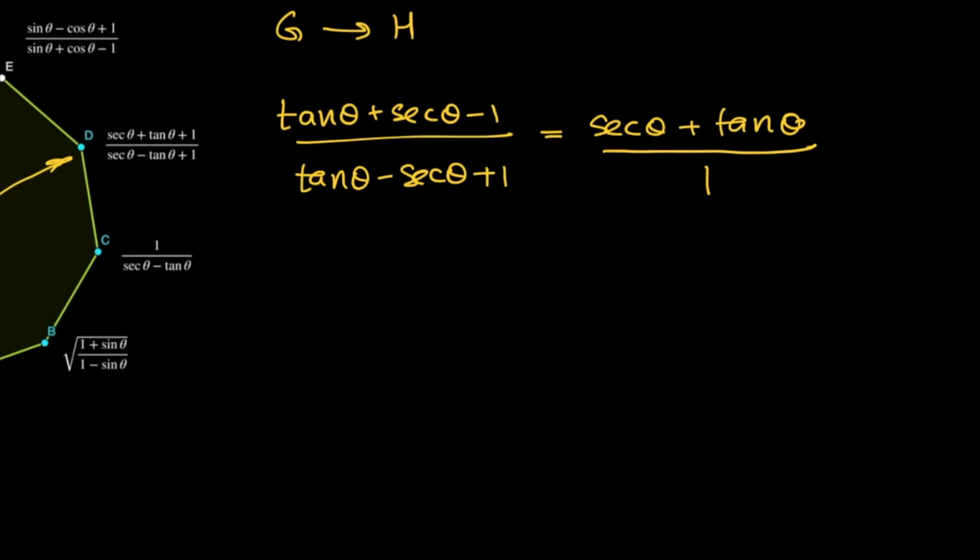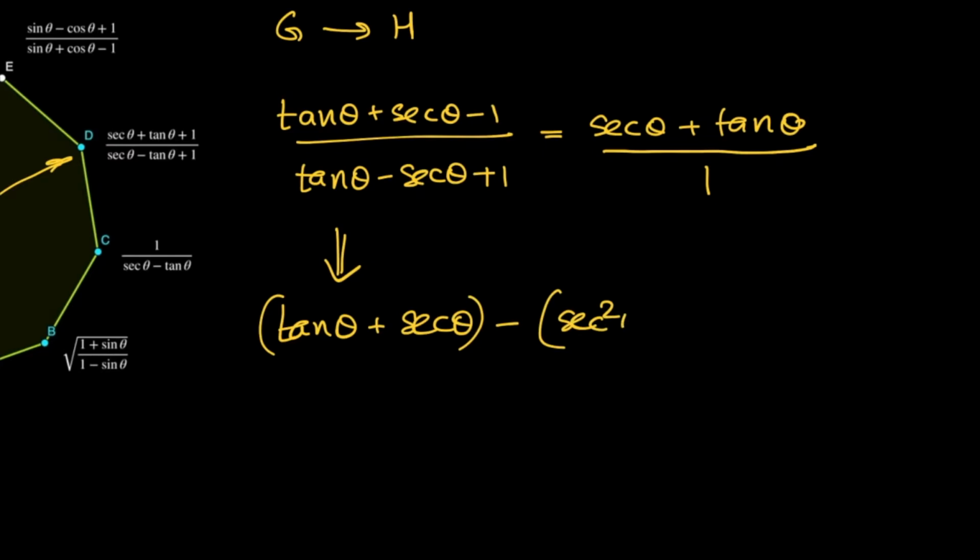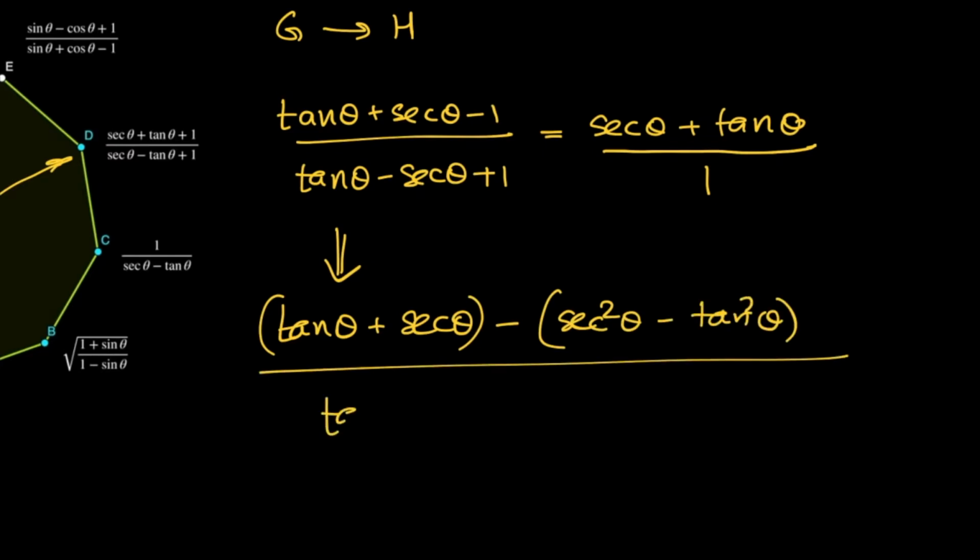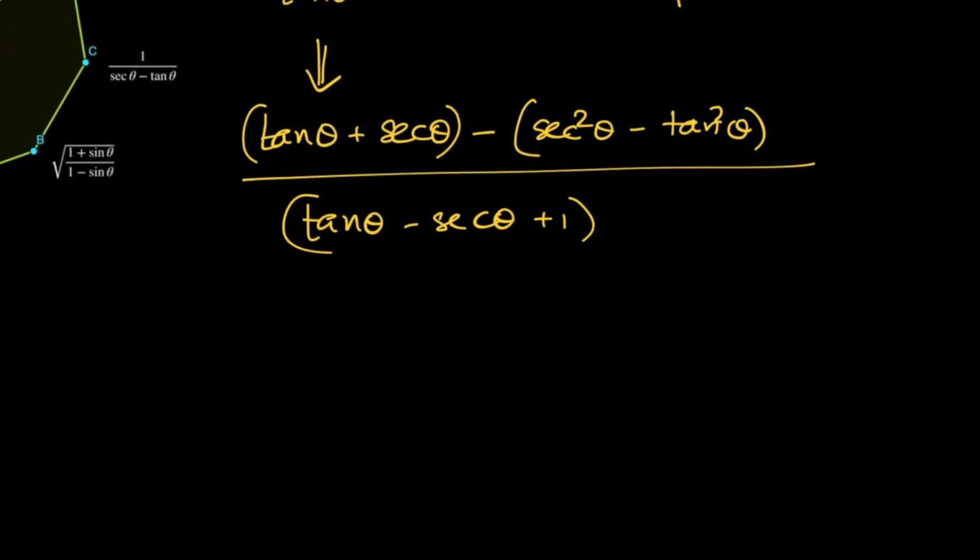Okay. So, what I'll do is, I'm going to use a trick here. I'm going to write the 1 in the numerator as sec square theta minus tan square theta. So in the denominator I have tan theta minus sec theta plus 1. Right. Now this expression can be factorized.